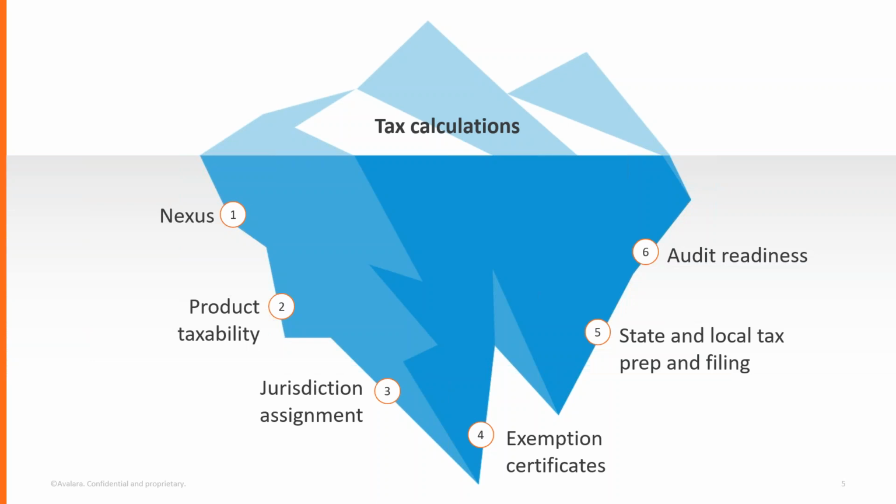Some of you may have heard that term previously, but for those of you who are not familiar with Nexus, Nexus is an industry term for where your company is currently obligated to be registered, collecting and filing sales tax. I'm going to get into many different ways you can trigger Nexus in just a minute, but just keep in mind that it's essentially where are you obligated right now to be registered throughout the U.S. in collecting and filing sales tax.